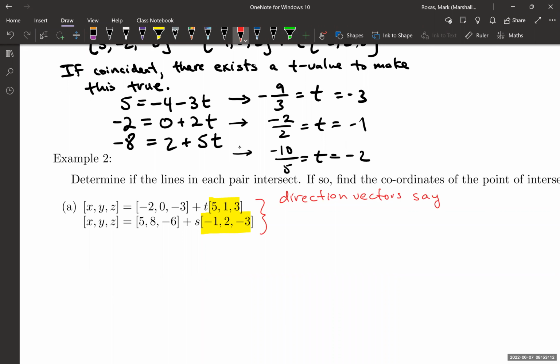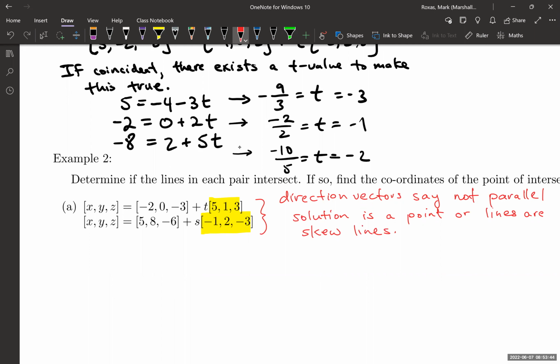So the direction vectors say that they are not parallel. If they're not parallel, you've got only two possibilities. One possibility is the solution is a point, or the lines are skew lines.